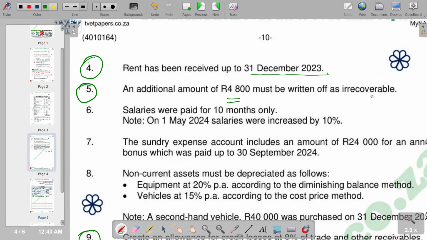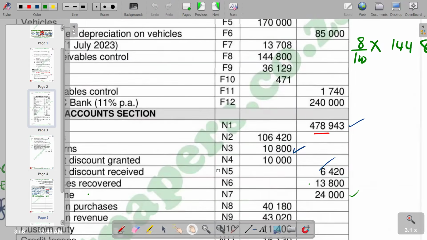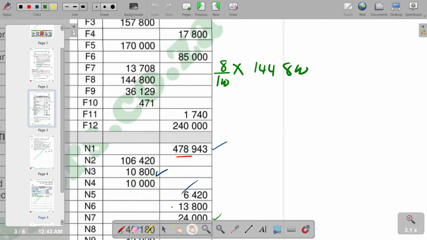This is a credit loss because it was written off as irrecoverable, indicating it's a credit loss. So credit loss reduce the figure for trade receivables control. So we first subtract 4,800. So we are saying after identifying that, we put our brackets and we subtract the figure that we have just identified as 4,800.